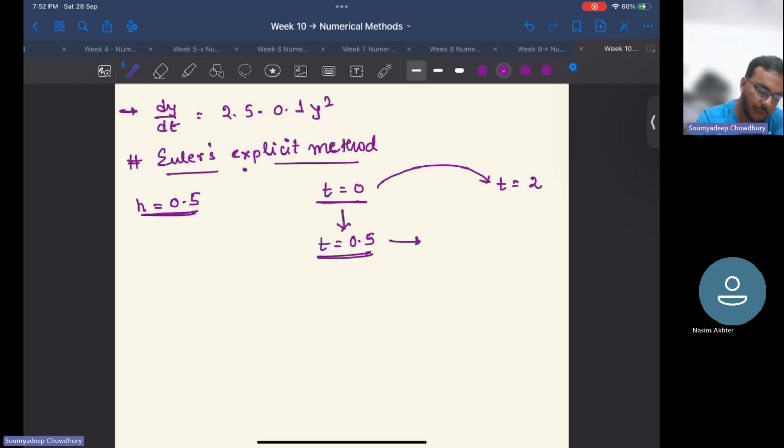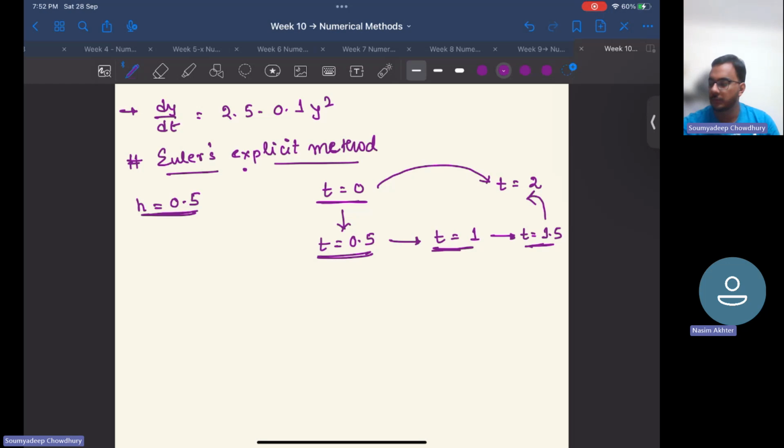Next step we will do at t equal to 1, 0.5 plus 0.5. Next we will see at t equal to 1.5. Then we will go to t equal to 2. So the lower the value of h you take, the more number of steps you have to perform to get to the actual solution. Is this thing clear to you? Yes, clear, right? Okay. So now we'll start.